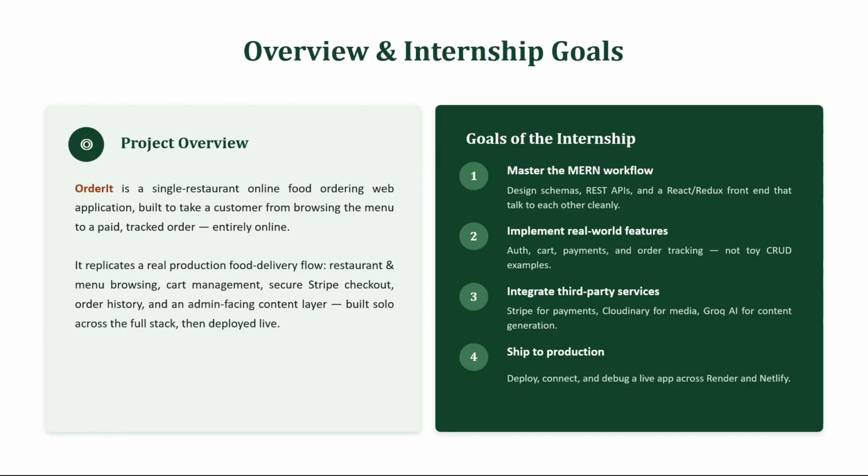So, OrderIt is a single restaurant online food ordering application. A customer can browse the menu, add items to their cart, pay securely through Stripe, and then track their order status, all without leaving the browser.